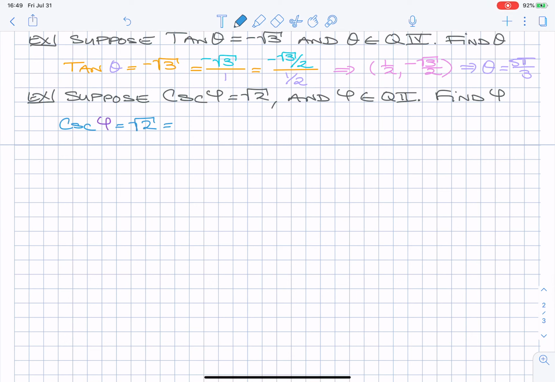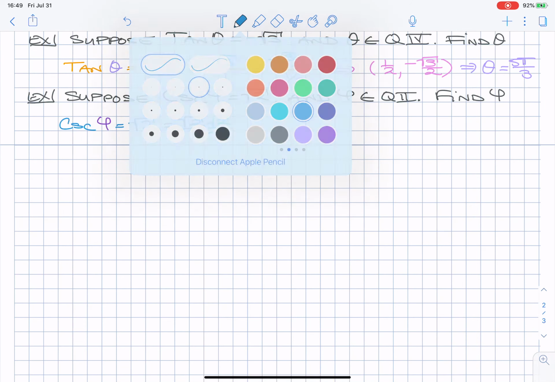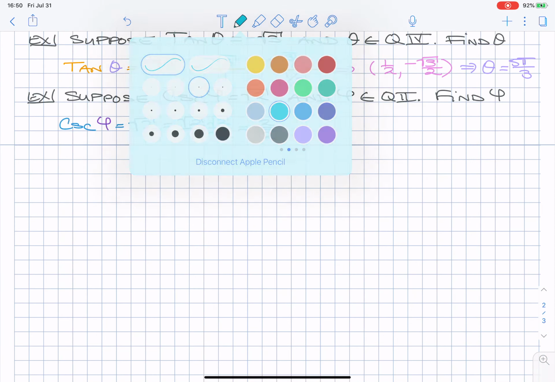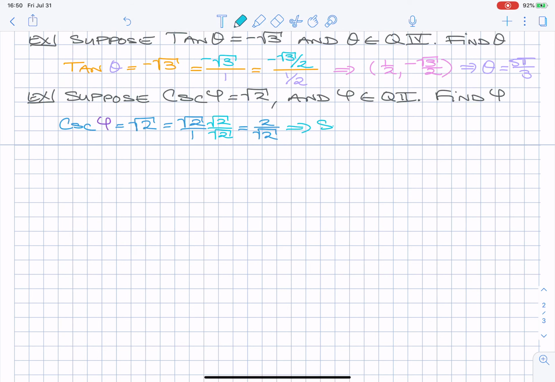If I take the square root of 2 and rationalize it, do you agree that this will give me the square root of 2 over 1, which when I rationalize gives me 2 over the square root of 2. Well, that looks like it's sine upside down, right? So this means that sine of phi is upside down, root 2 over 2, because s's and c's go together.